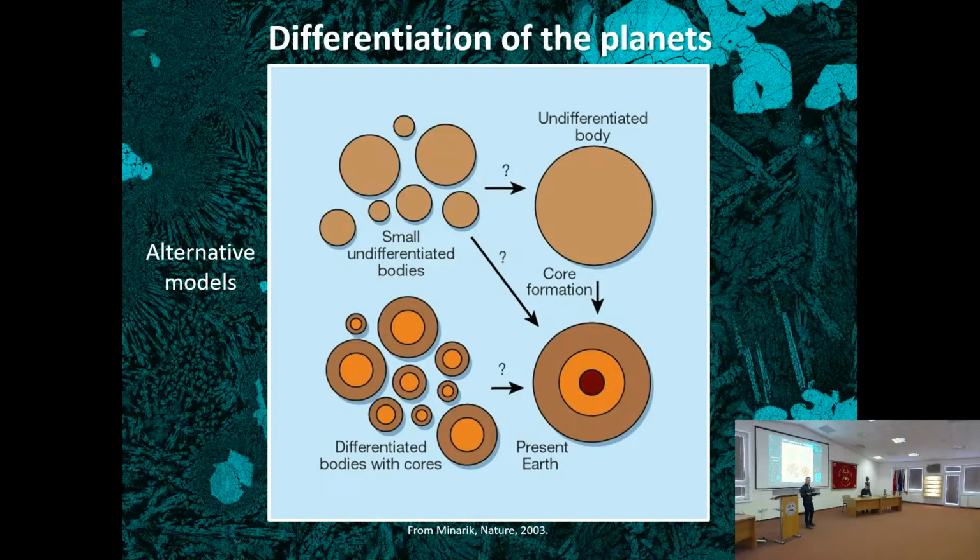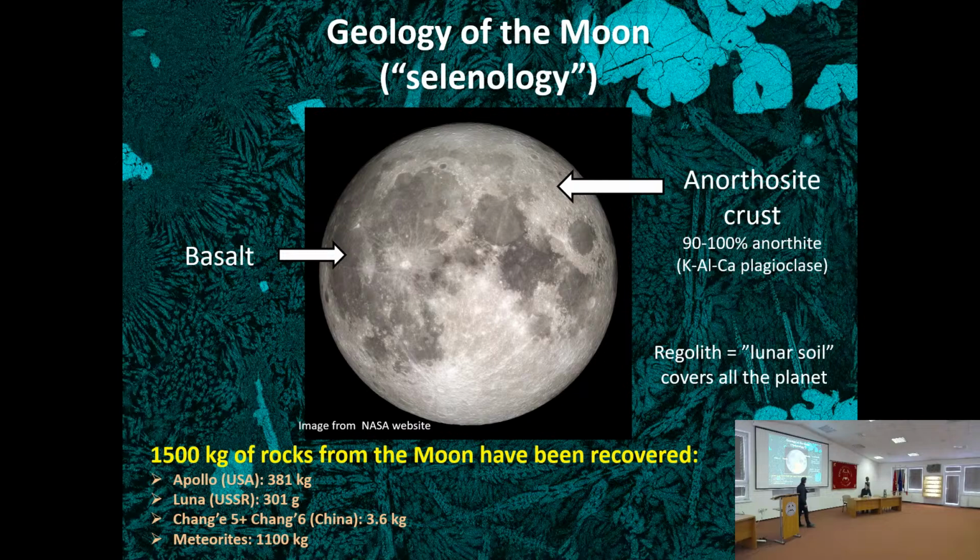Ideally, a planetary body with no atmosphere and no plate tectonics, like the moon. And the moon is also very interesting because the geology of the moon is relatively simple. We have the crust, which is made by anorthite, 90 to 100% anorthite in the crust.